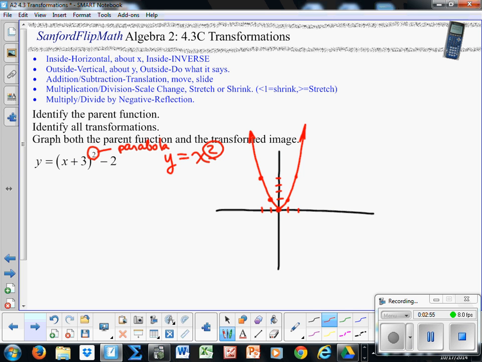So it's right 1, up 1, right 2, up 4. And really what all that 2, 4 stuff is, is that idea that 0 squared is 0, 1 squared is 1, 2 squared is 4. And it is symmetric. All right, so we have identified the parent function.